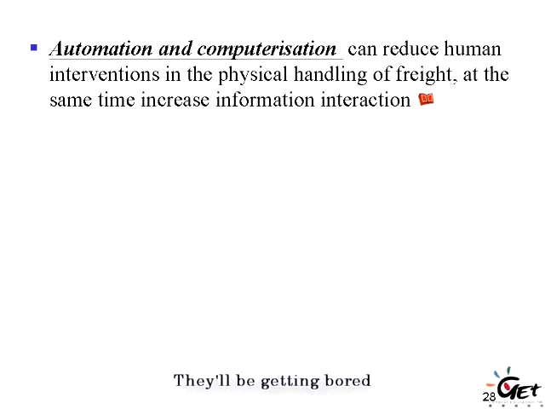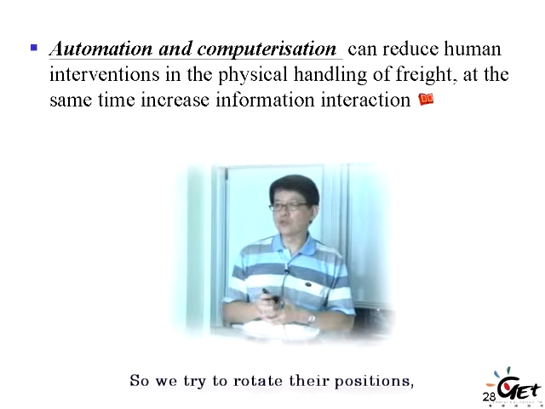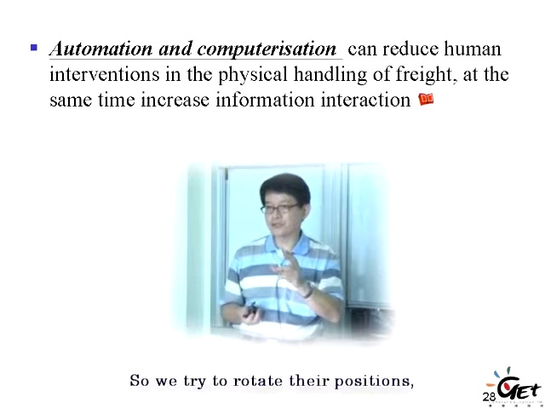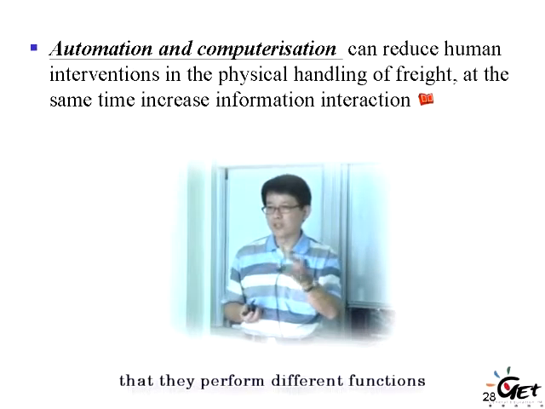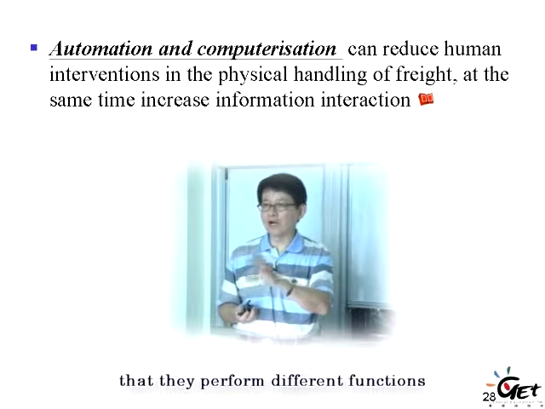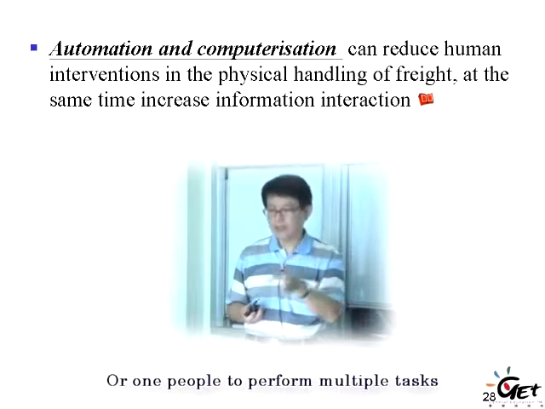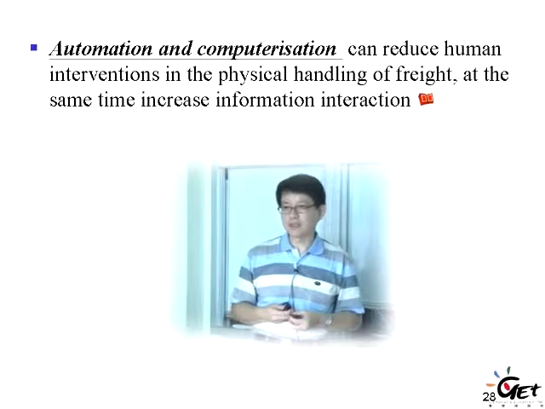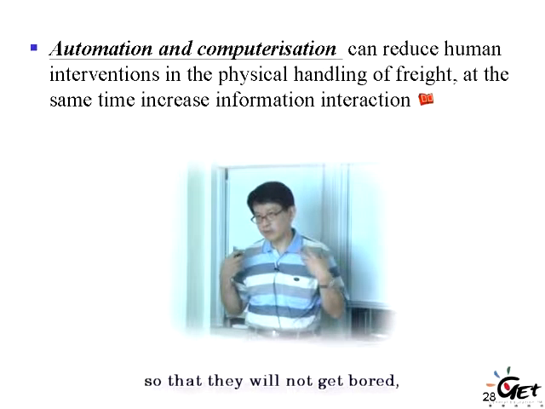They will be getting bored, right? So we try to rotate their positions, let them perform different functions, or let one person perform multiple tasks, so that they will not get bored.